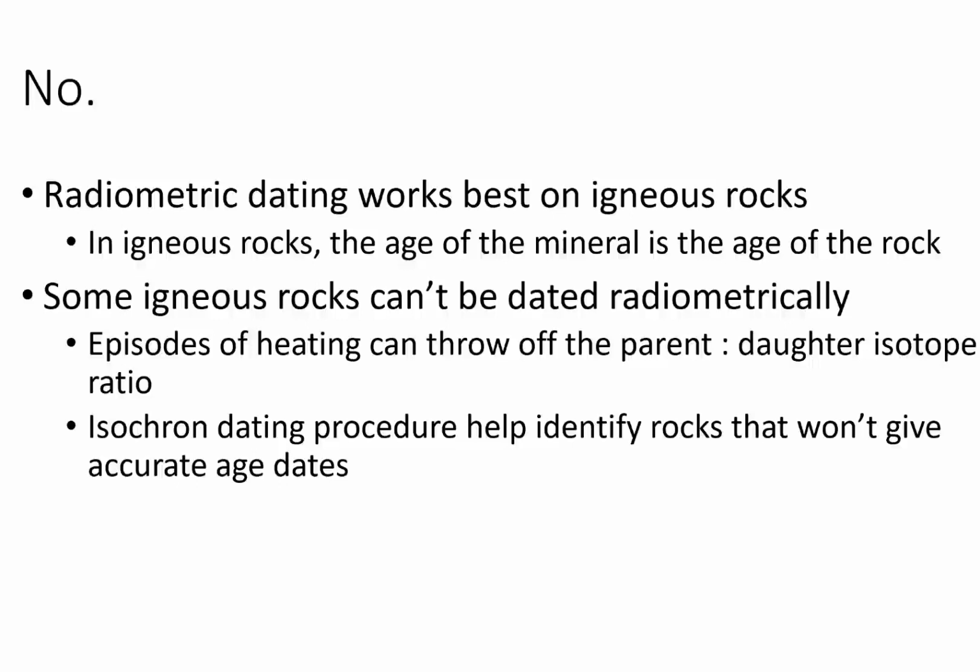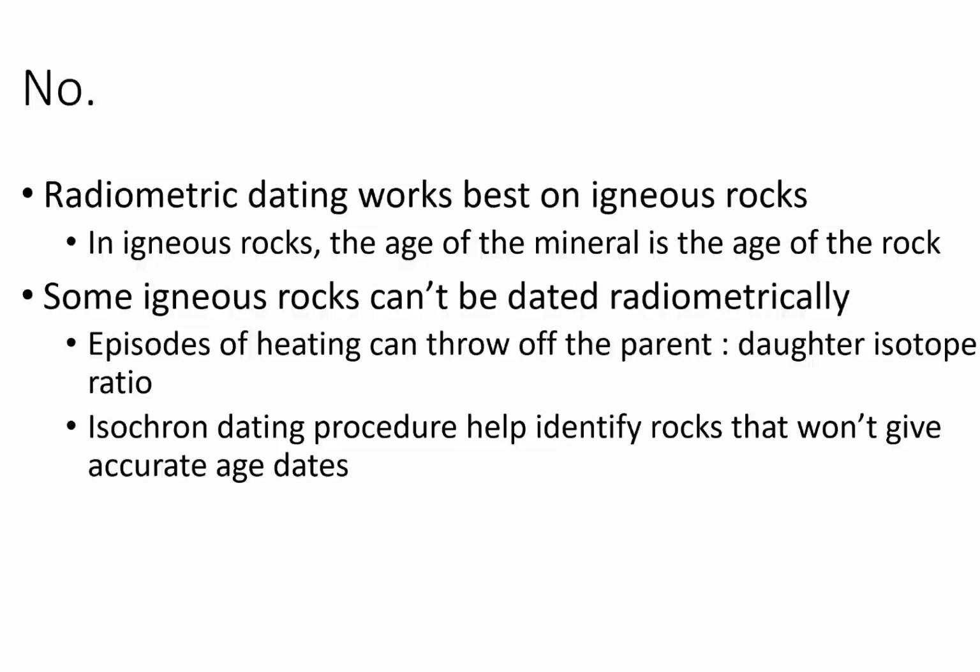We learned in a previous tutorial that if an igneous rock is heated after it forms, maybe due to metamorphism, that heating will cause the bonds to break within our mineral crystals, and some of the radioactive parent or stable daughter isotopes could leak out of or into the mineral. So our parent-daughter isotope ratios that we measure are thrown way off, and they're not reflective of the age of the mineral or rock itself.